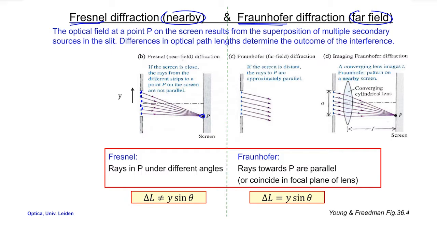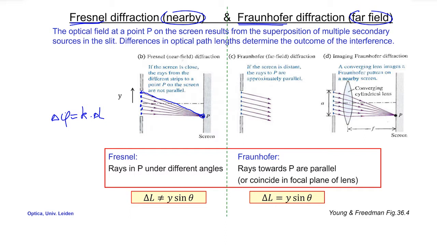And the essential aspect of this interference, of course, is the phase difference between these sources, which is related to the wave vector times a path length difference between the various paths from the source to the detection point.